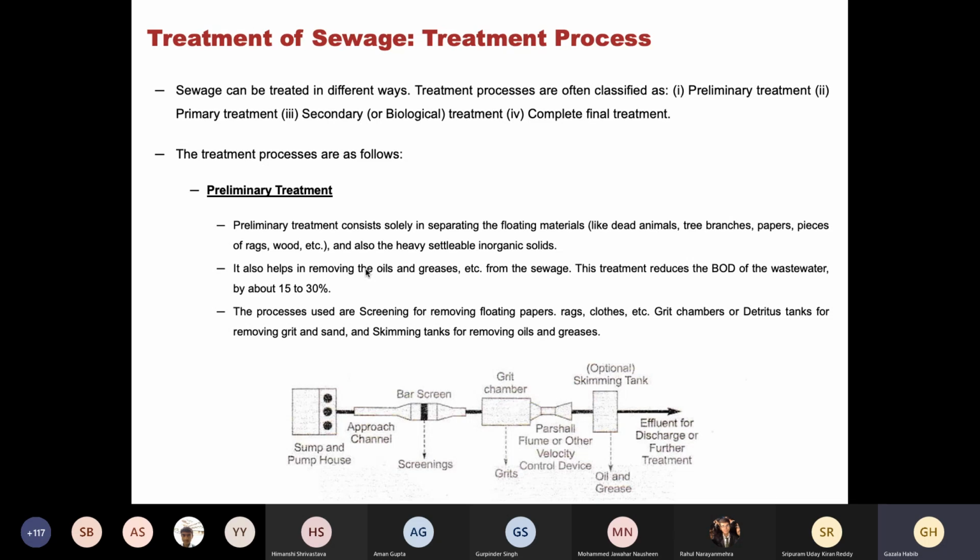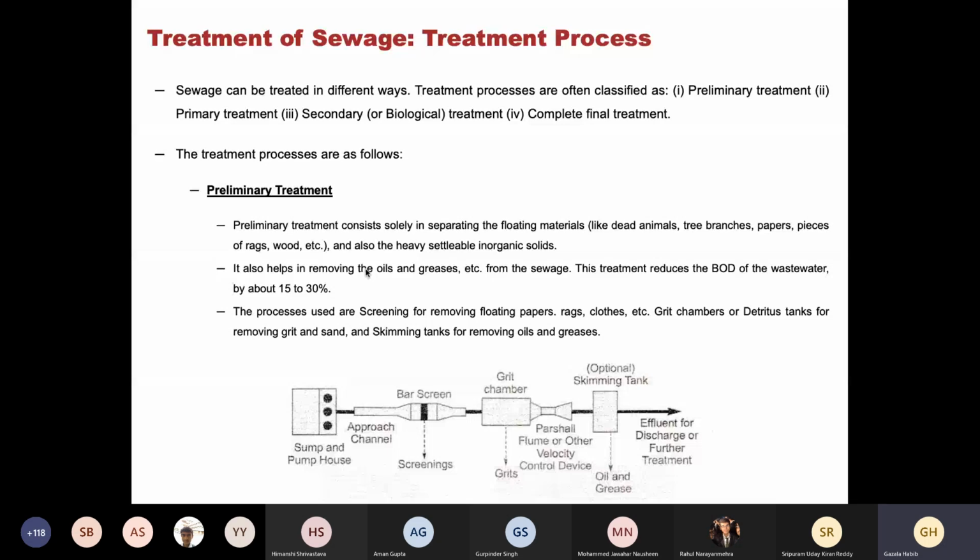The different devices used in preliminary treatment are: a screen to remove wood logs, stones, and any big object.